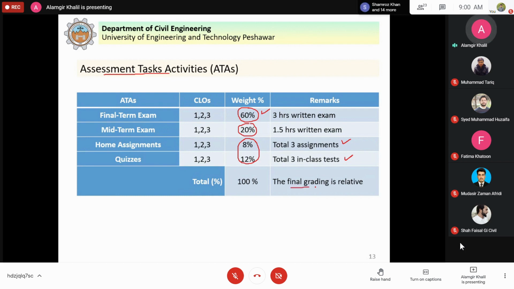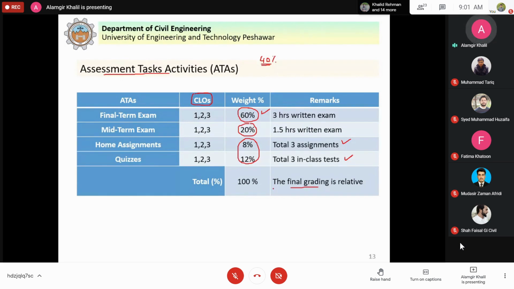The final grading is relative. We have relative grading for this course, but remember the CLOs, the course learning outcomes, that you will score on. That is absolute, not relative. You should know that the minimum score on each CLO to pass is 40%. If your score on any CLO is less than 40%, that CLO is failed.